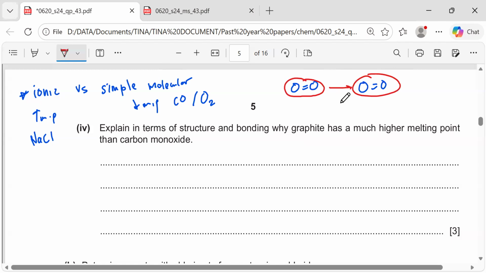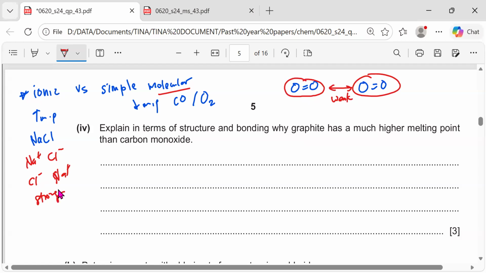These are weak forces of attraction, right? Is it easy or difficult to separate? Easy. So you must mention the word molecule, intermolecular or between the molecules. It's weak. And this one is ionic, and these ionic bonds are strong.